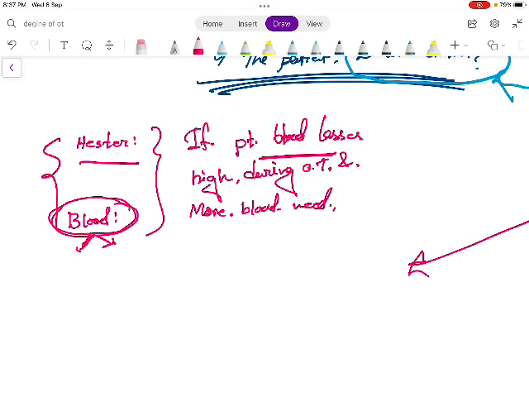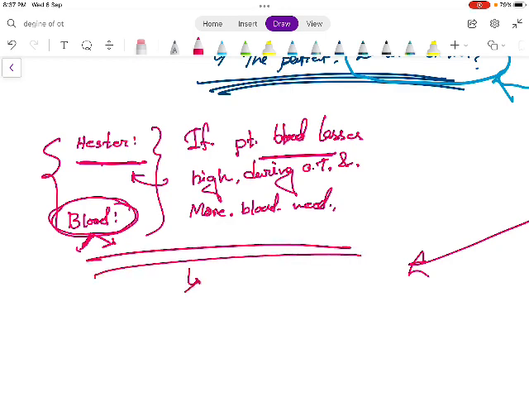And Haster is also given at that time if the blood loss is not too high but obviously high to a certain point, then we would obviously give Haster for recovering the blood loss, right? So these are the main things we would use, and these are the main things we would have to know about crystalloids.